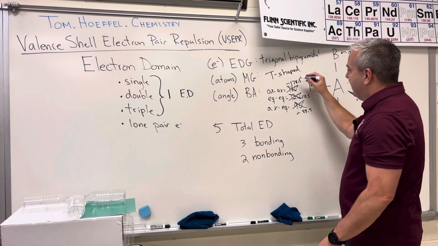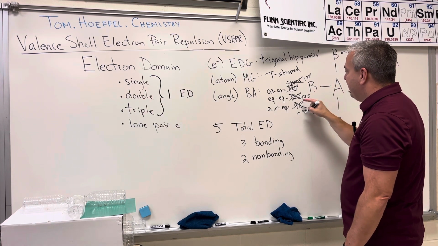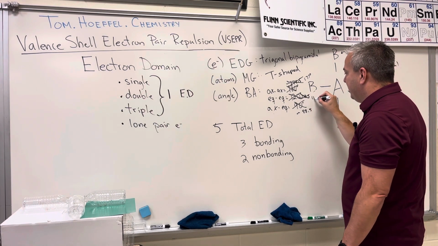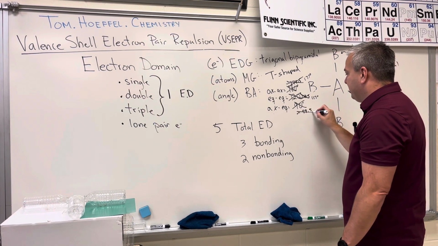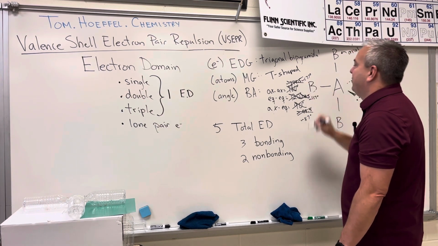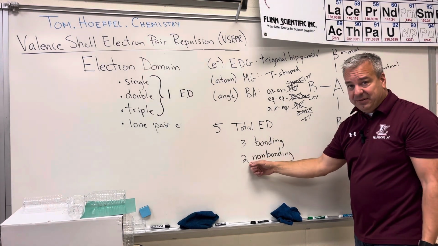So instead of 178.5, that's going to be 177. Instead of 120 to 118.5, it's now going to be 117. And then, of course, this is going to be around 87. Remember, these are approximations. And that's how we handle 3 and 2.